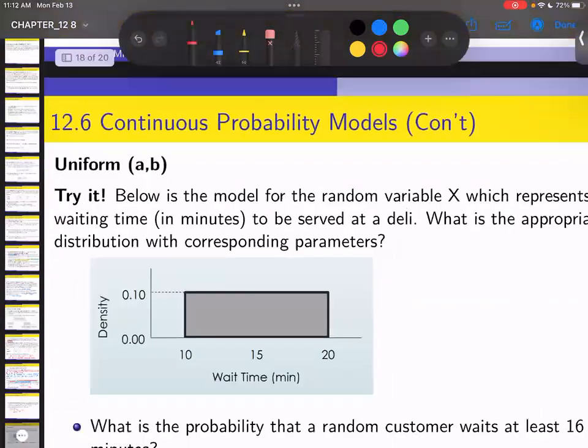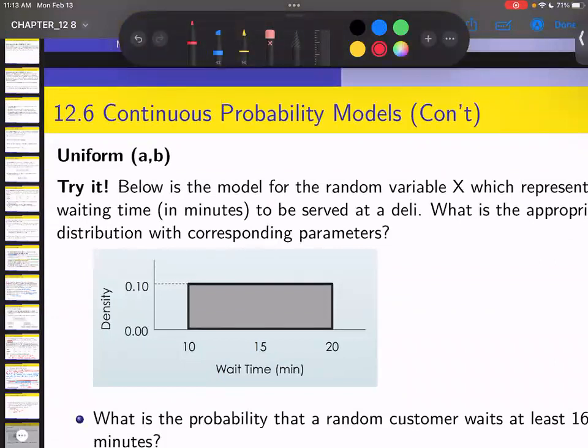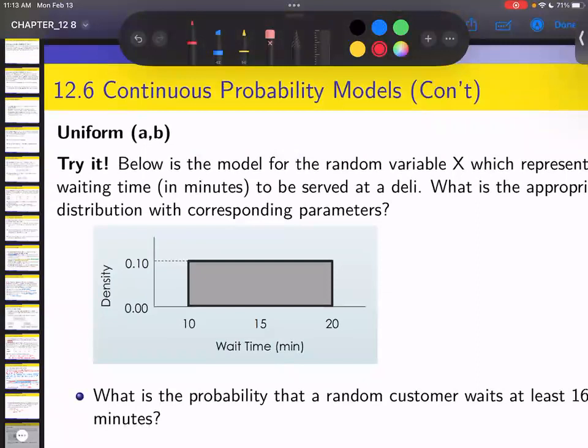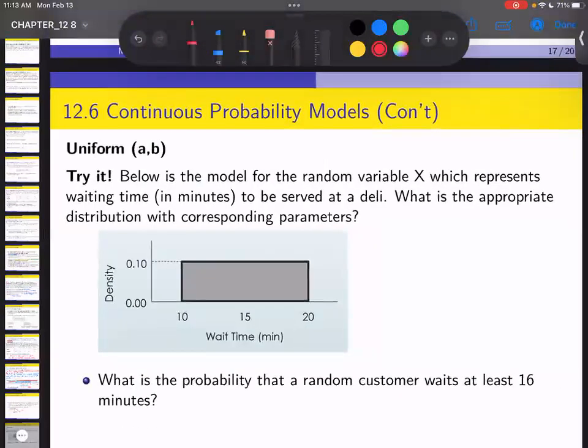All right, let's take a look at the uniform distribution. Below is a model for the random variable X, which represents the waiting time in minutes to be served at the deli. What is the appropriate distribution with corresponding parameters? We did this on your exam 1. So what is the appropriate distribution I should write here?